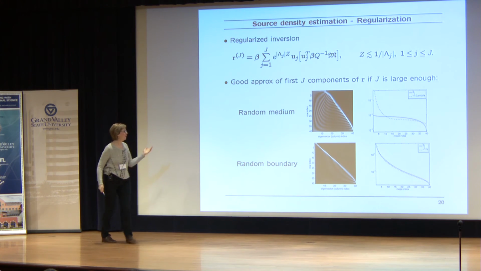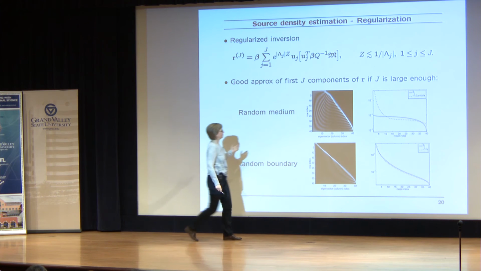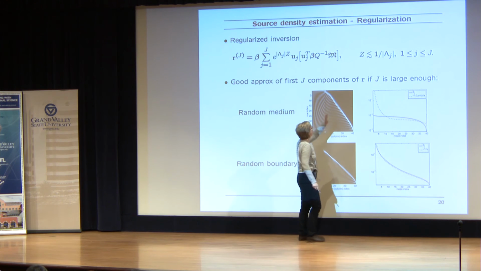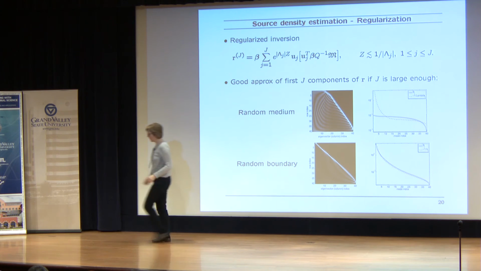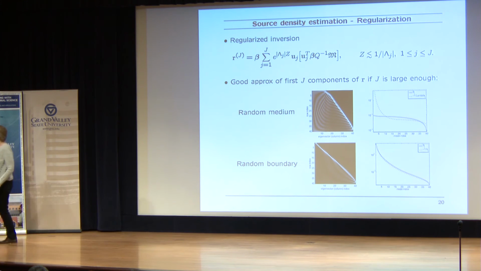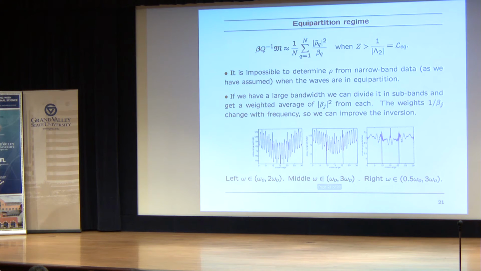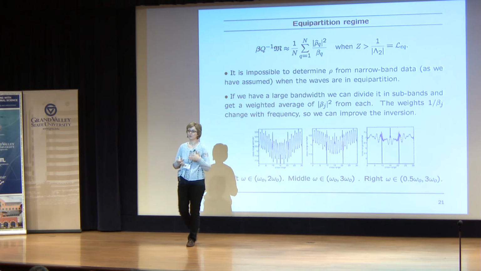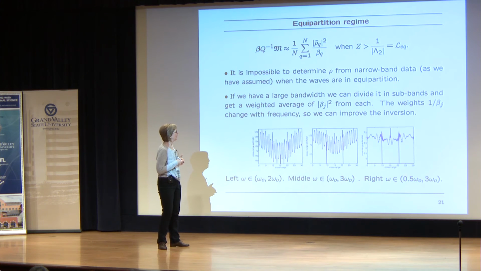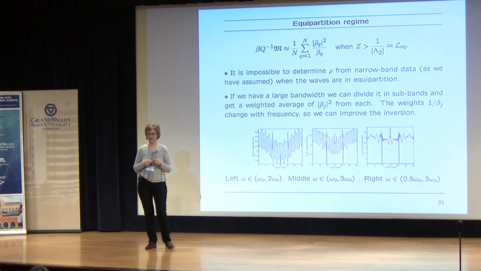However, the deeper you go in the medium, the worse you are going to do. In particular, when you reach a distance bigger than 1 over lambda 2, where lambda 2 is the first non-zero eigenvalue of this transport matrix gamma, this is known as the equipartition distance.